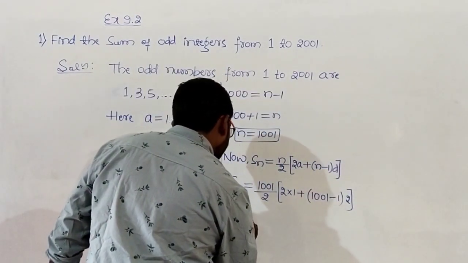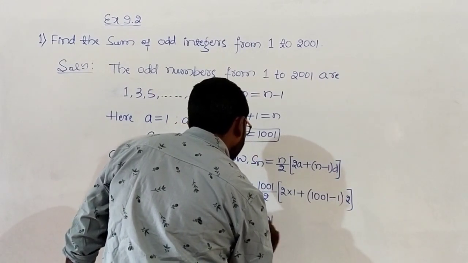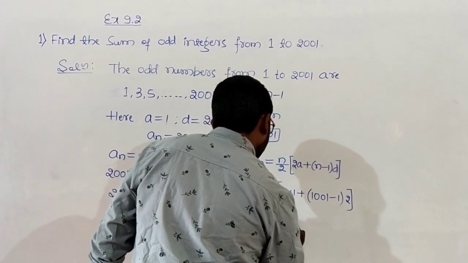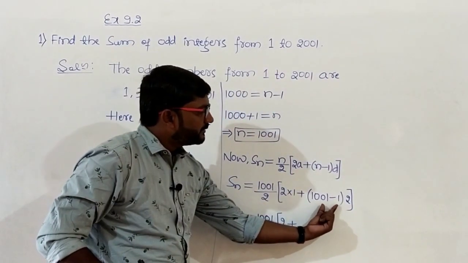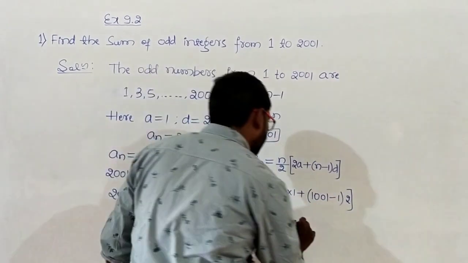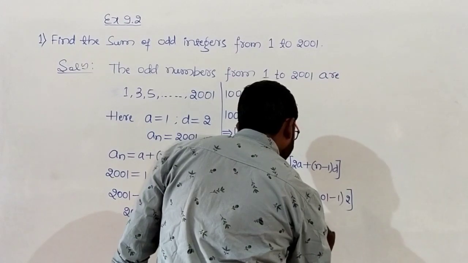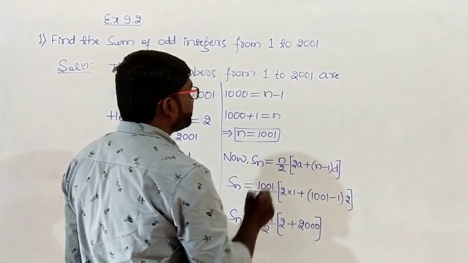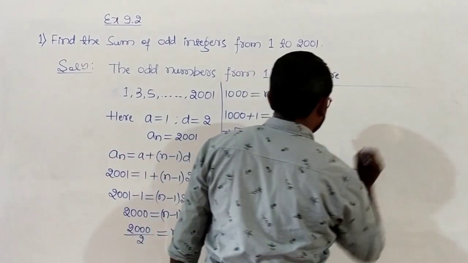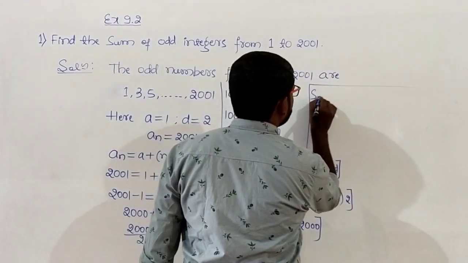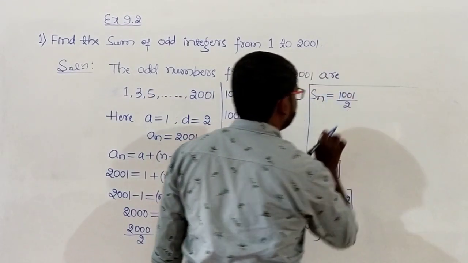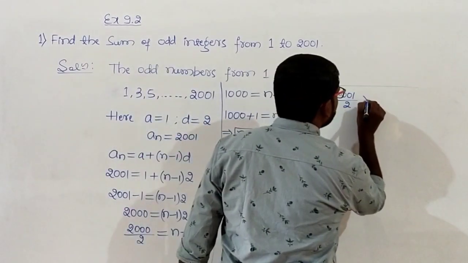Sn is equal to 1001 divided by 2. Then inside the bracket 2 plus, so here you get 1000. 1001 minus 1 will be 1000, into 2 will be 2000. So overall you get 2000 here. Then in the next step, Sn is equal to 1001 divided by 2 into 2002.